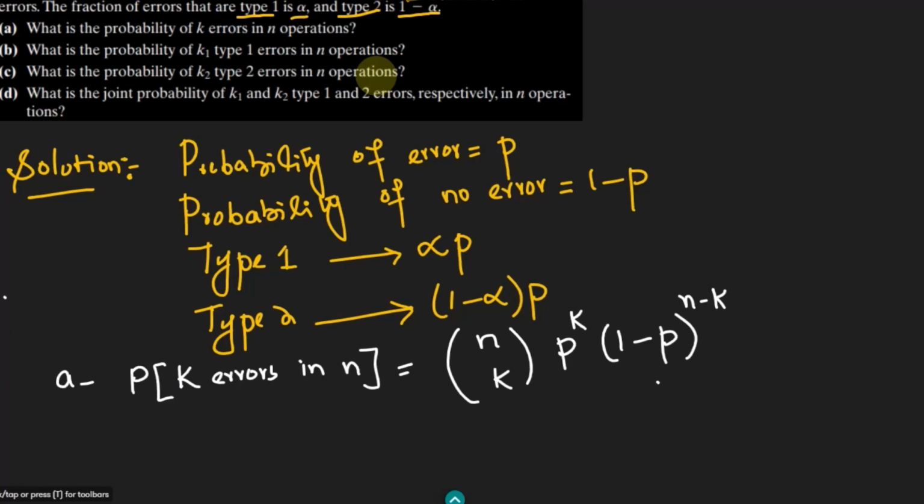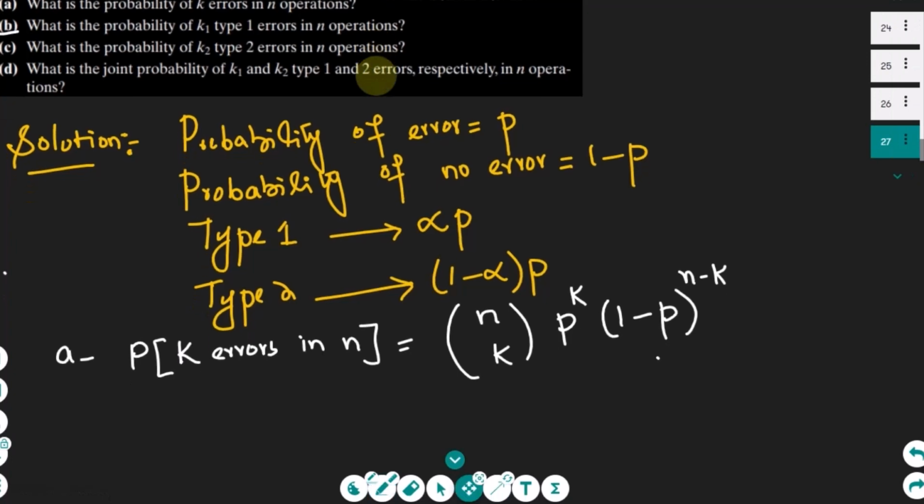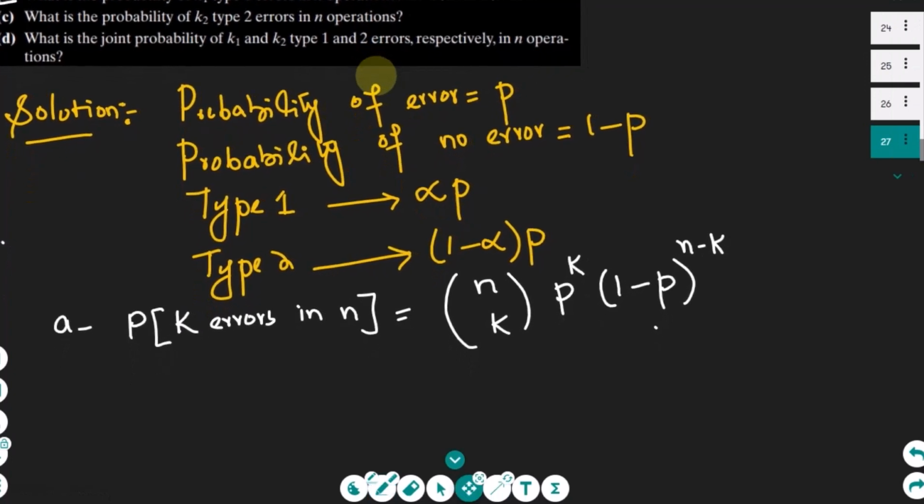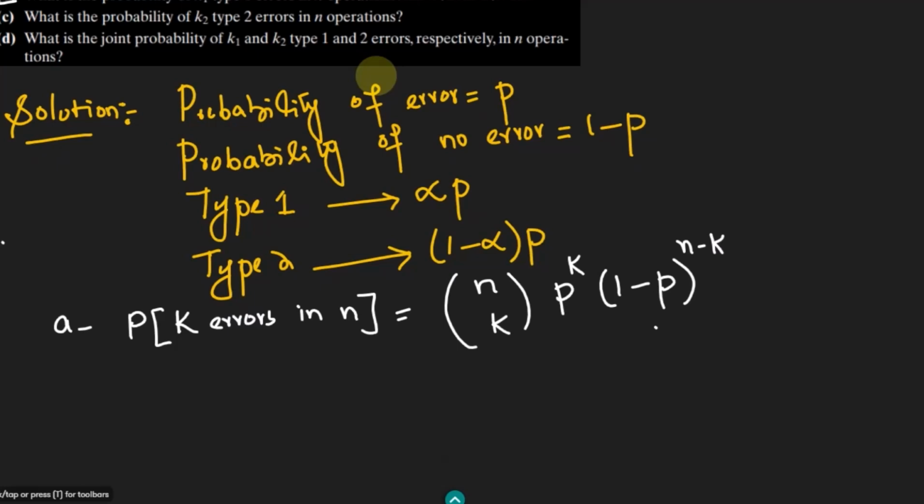What is part B? In part B, what is the probability of k1 type 1 errors in n operations? So for solving it, let me move down further. We have the total number of operations equal to n, while the number of trials is k1.